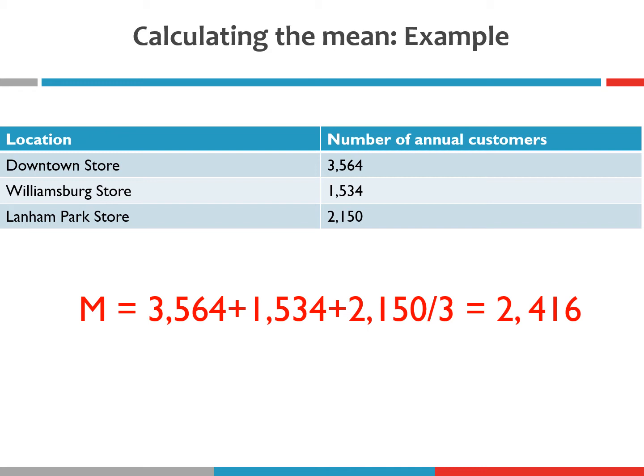If we're looking at our sample, which is comprised of customers at 3 different store locations, to calculate our sample mean, or M, we would simply add up 3,564 plus 1,534 plus 2,150 and divide by the number of values in our data set, which is 3, and we would get an arithmetic average, or the mean, which is 2,416. Okay, so that's simple enough.